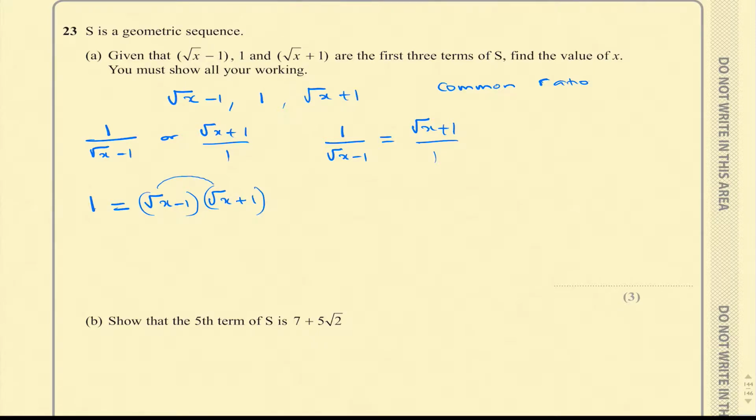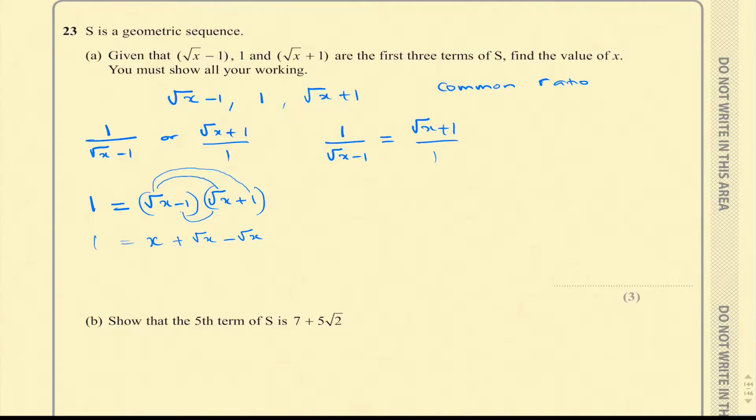Root x times root x, so I get x, still equal to 1. And I have 1 times root x, I get plus root x. If I do minus 1 times root x, I get minus root x.